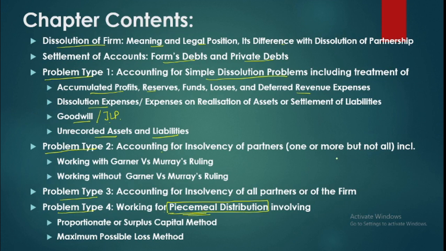Suppose a firm decides for dissolution, say on 1st April 2019. Now we prepare all the accounts, we are given all the information, but do you think that all the information is there on this date? If you want to sell off your land and building, realize fair money for your plant and machinery, collect money from your debtors, it is likely to take some time.